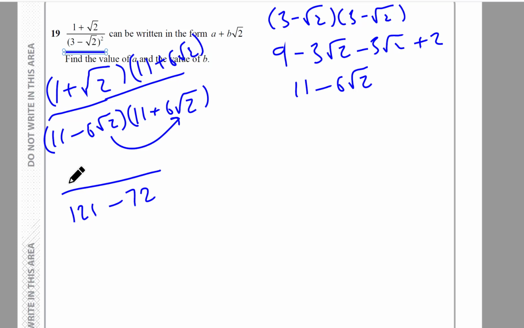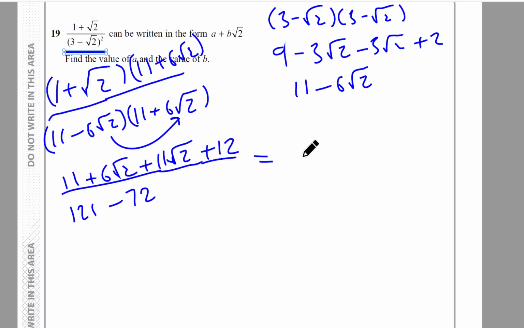Expand the top, which is going to be 11 plus 6 root 2 plus 11 root 2 plus root 2 times root 2 is 2 times 6 is 12.